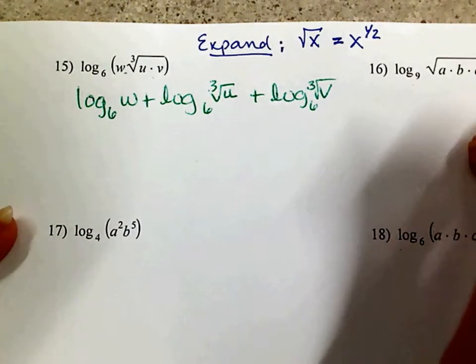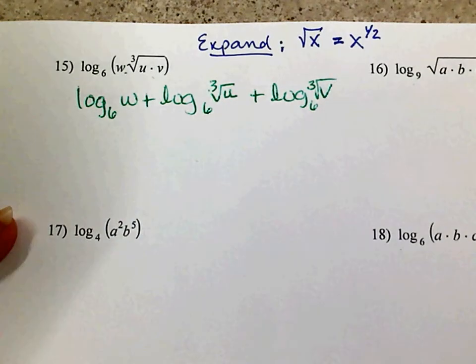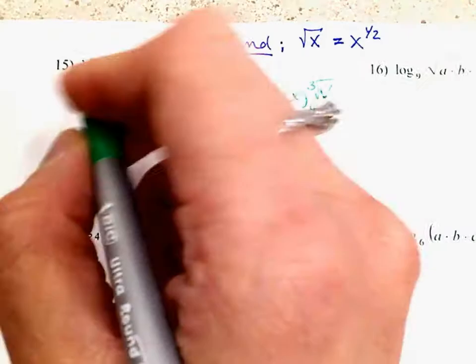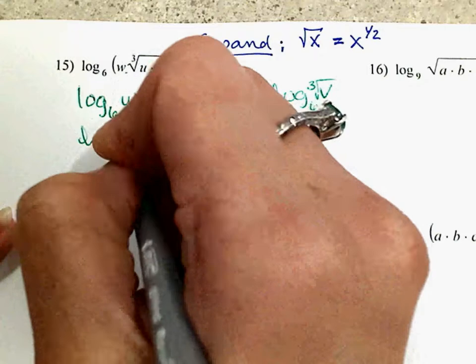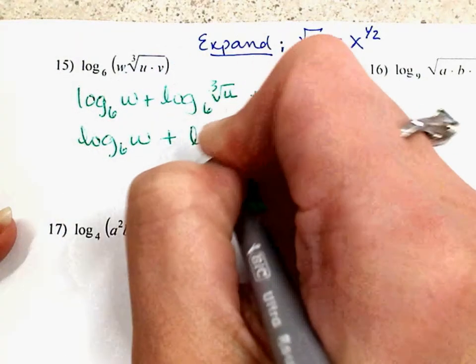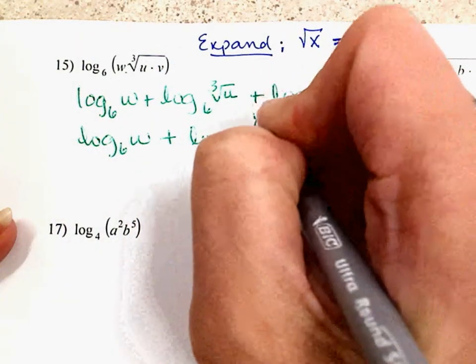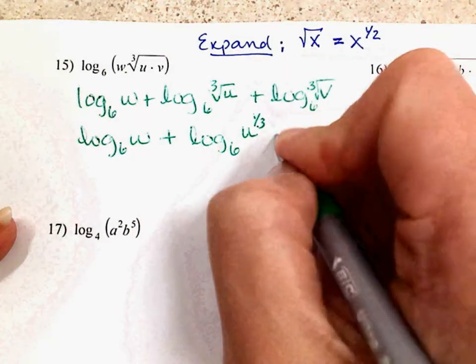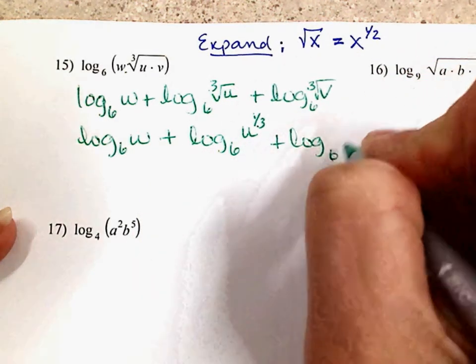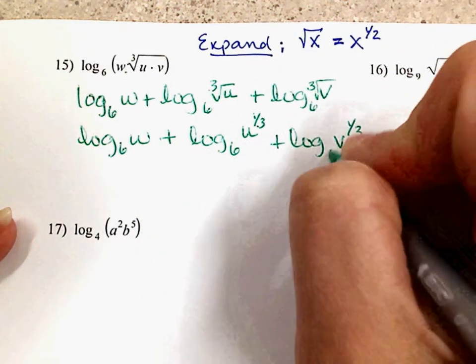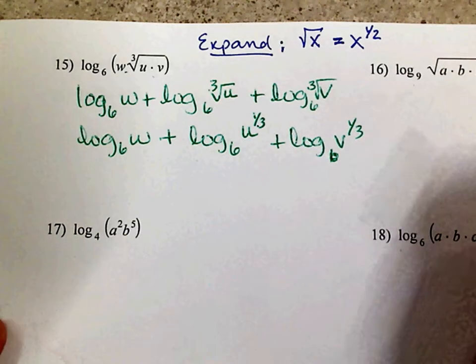Alright. Now, I'm going to rewrite this in a form that maybe you'll see a little bit better. So instead of cube root, log base 6 of w plus log base 6 of u to the 1/3. See that 1/3? Plus log base 6 of v to the 1/3. Okay?